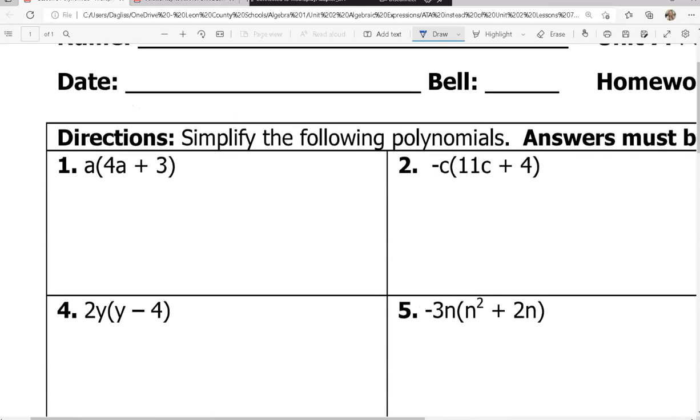Starting with number 1, when I multiply a times 4a, what does that give me? 4a to the power of 2. Good. They both technically have what exponent? A 1, right? So 1 plus 1 gives me 2. Then a times 3 is what?